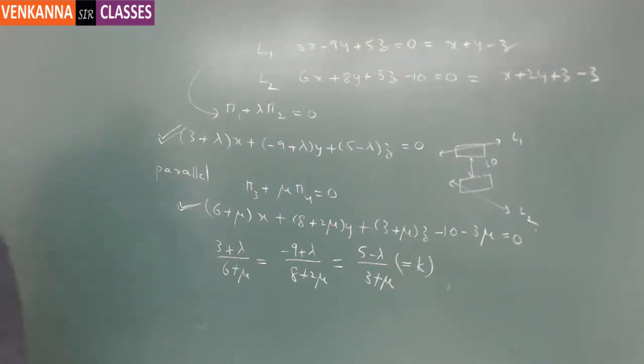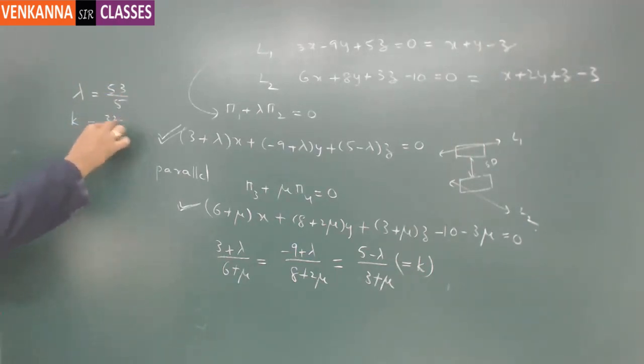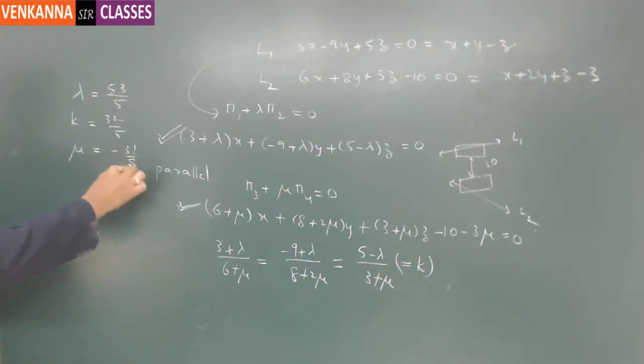For this problem, lambda is equal to 53 by 5, k is equal to 32 by 5 and mu is equal to minus 31 by 8.